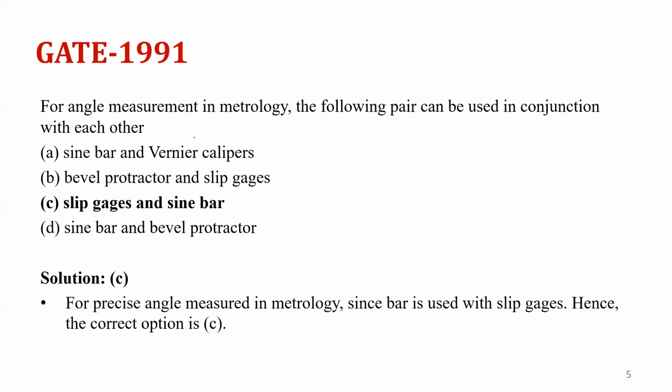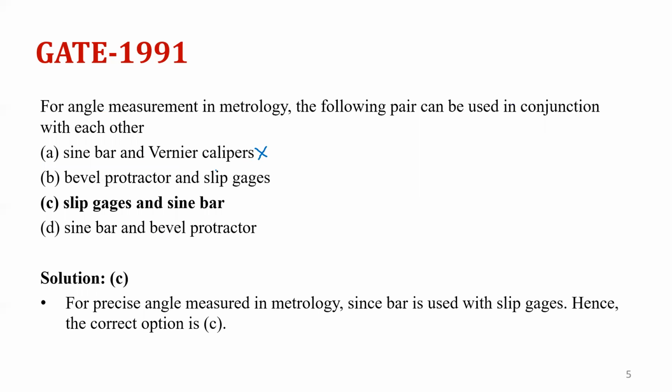For angle measurement in metrology, the following pair can be used in conjunction with each other. So for angle measurement, the sine bar and vernier calipers cannot be used because vernier caliper is used for linear dimensions, and sine bar itself cannot be used for measuring the angles.